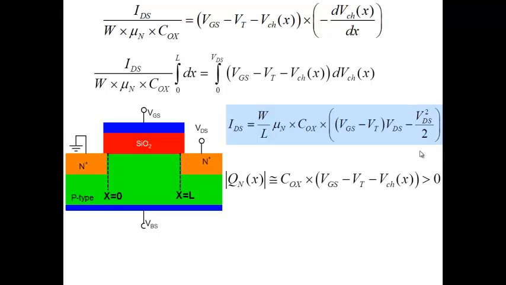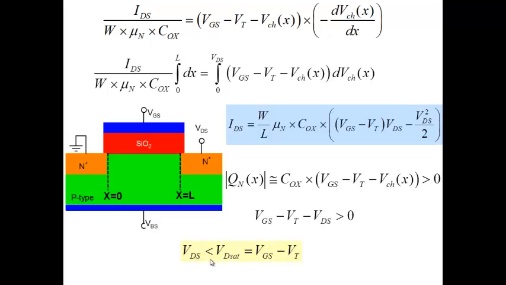Okay. Now this equation, remember, has many assumptions. Of course, I'm assuming that there is inversion charge throughout, because we have taken this expression for inversion charge, VGS minus VT minus V channel, this one here. And obviously, I can only apply this particular equation if the inversion charge is greater than or equal to 0 here. So the inversion charge will be minimum close to the drain, and that minimum value must be greater than 0, which means that VGS minus VT minus VDS must be greater than 0.